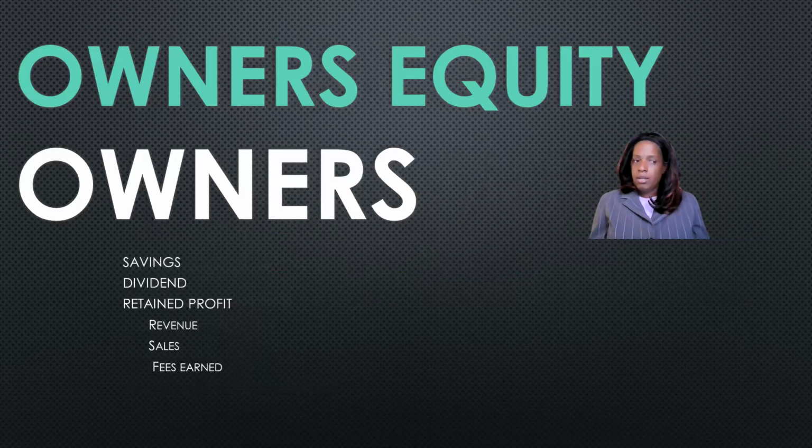So again, owner's equity is called capital. What happens now? We talk about what increases owner's equity. What would decrease owner's equity? You take out money. Owner's withdrawal, owner's draw. That decreases owner's equity.